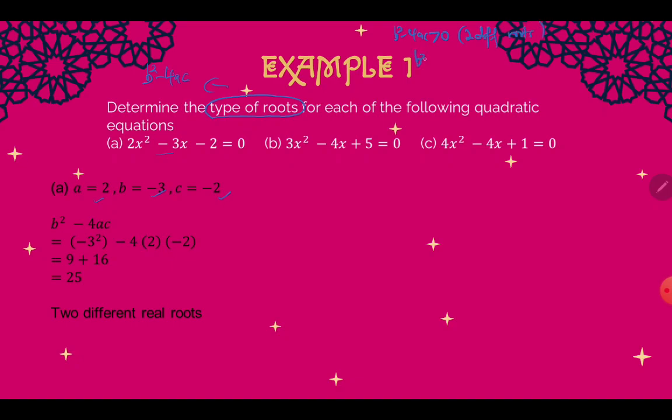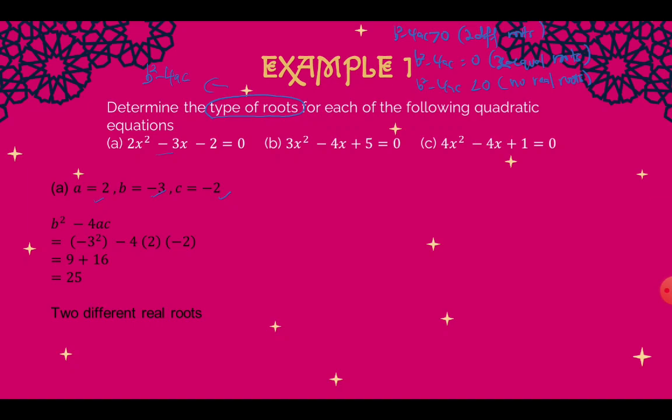When b squared minus 4ac equals 0, we have 2 equal roots. However, for b squared minus 4ac less than 0, we have no real roots. In our mind, we need to remember these things.